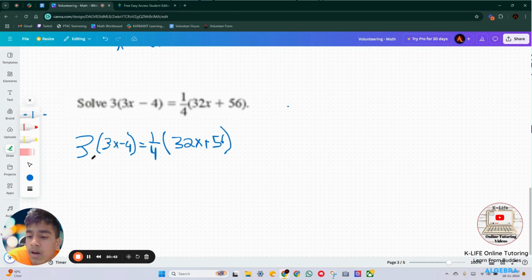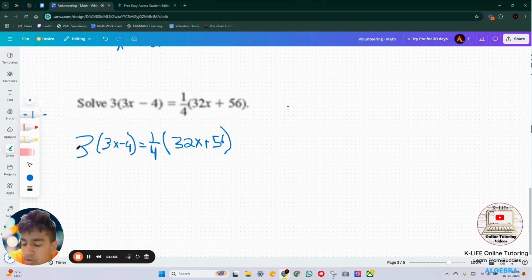Okay, so in this first step, what you want to do is, well, in parentheses, and then there's a number outside, okay? And there's something in the parentheses, well, it's distributive property. You just multiply that outside number to each of the values inside.